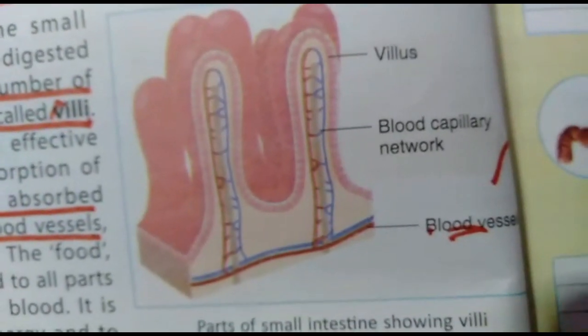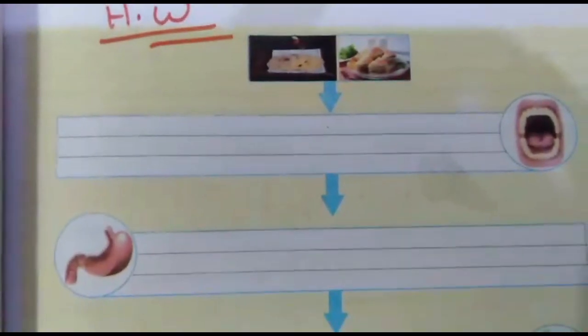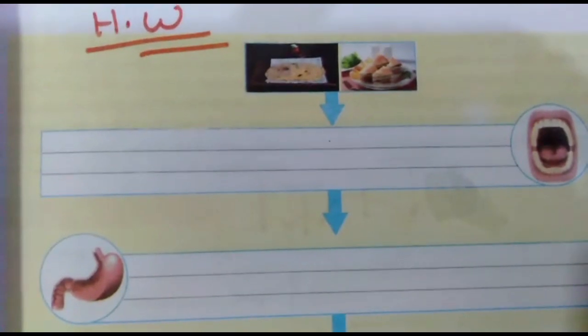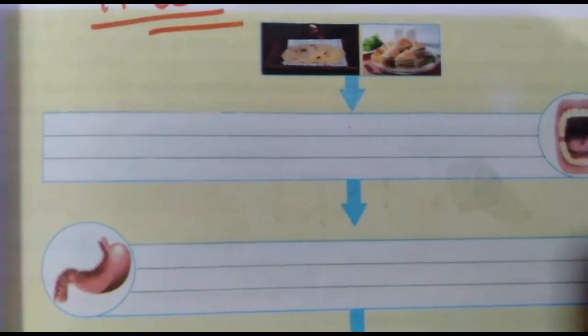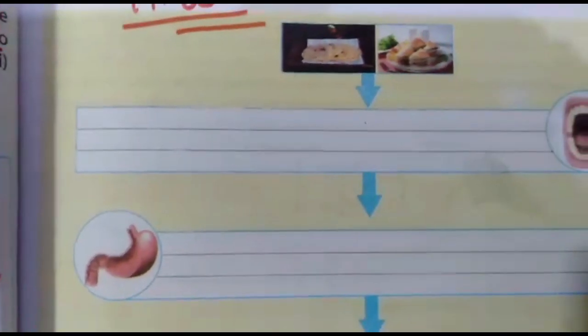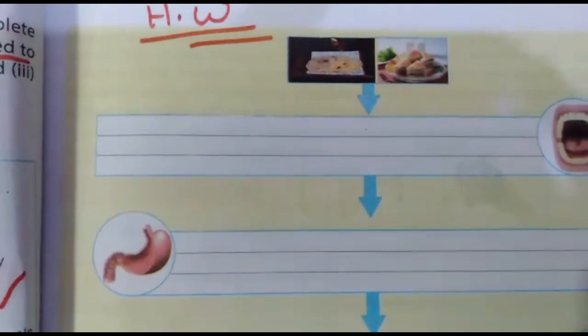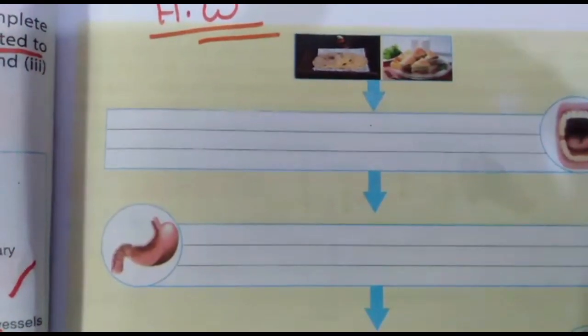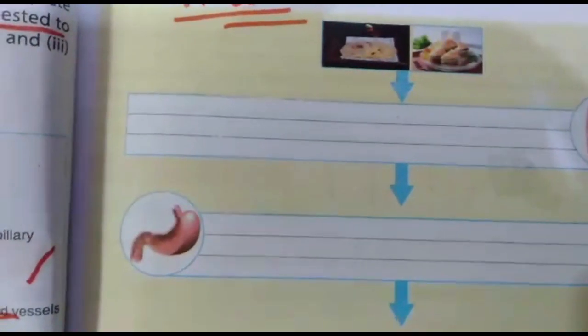So I am showing you one diagram, one activity. Many diagrams are given here. In this activity you are seeing diagrams. What we have to do: this is a flow chart. In this flow chart we have taken the food, that is chapati, and what role do these play?